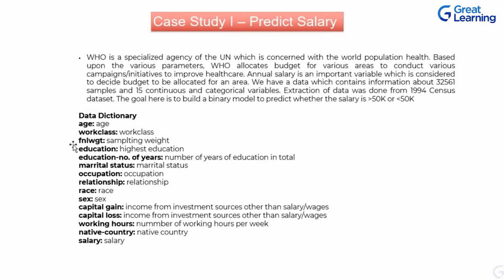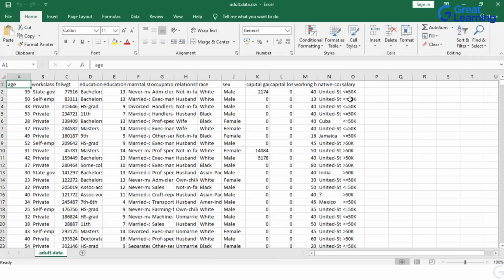Based on these variables, we are expected to predict the salary. Salary is available as a binary value, less than or equal to 50K or greater than 50K.